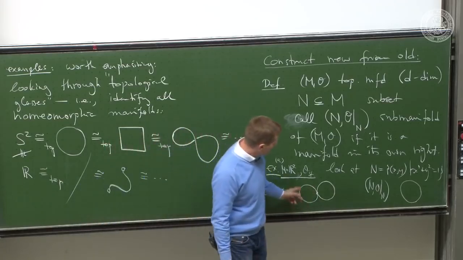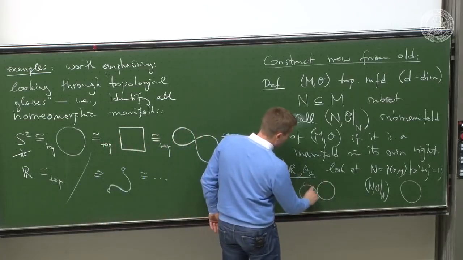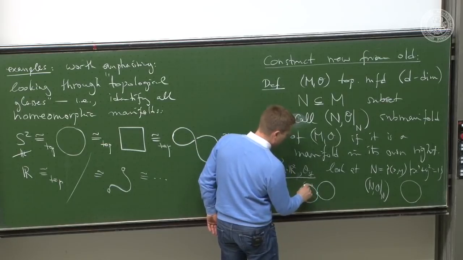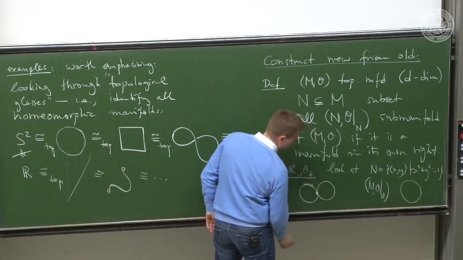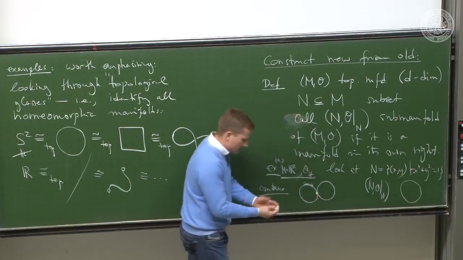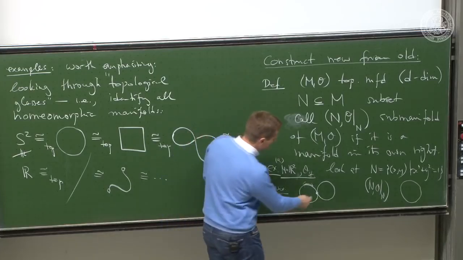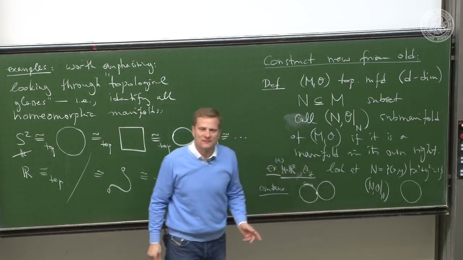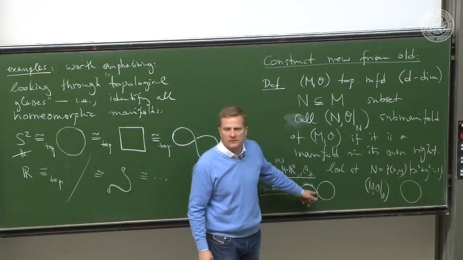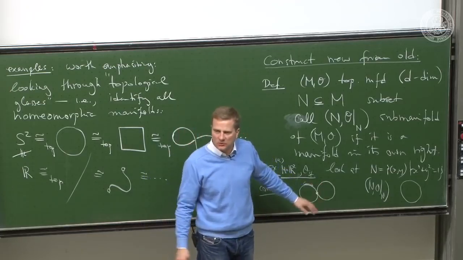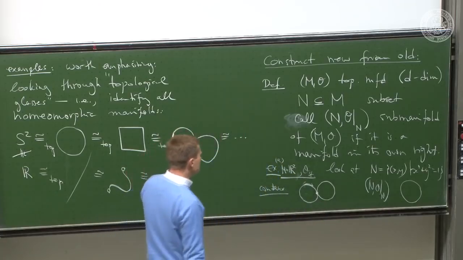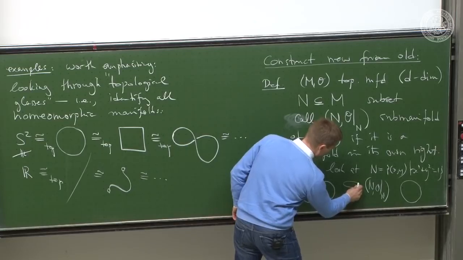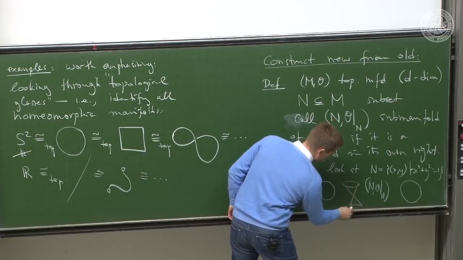It looks like a one-dimensional manifold, and in fact, around every point it locally looks like a piece of R1. But at this point where they touch, it looks like two R1s with one common point. So what's the dimension at this point? We don't know. It doesn't locally look like that. So this is not a submanifold. Neither is the light cone in relativistic physics.